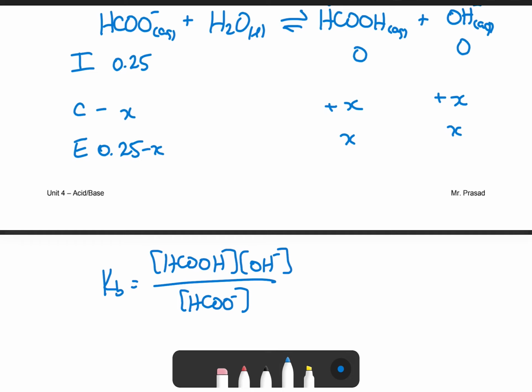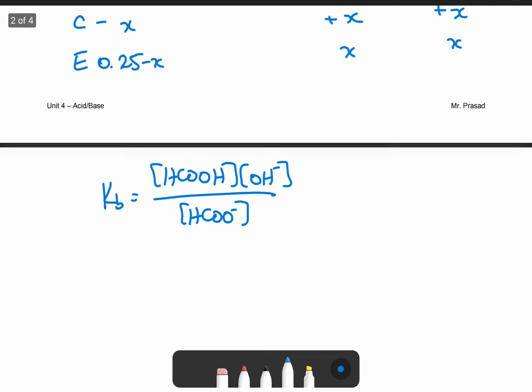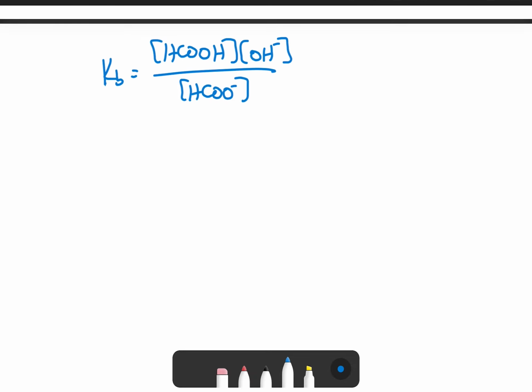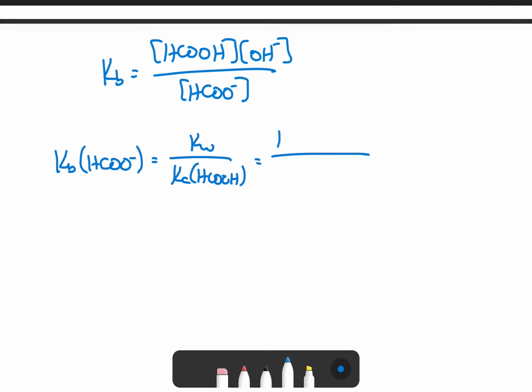We cannot look up the Kb from our Bronsted-Lowry acid base table because we are only given Ka values. Therefore, we have to first calculate the Kb for HCOO minus, which is equal to Kw over the Ka for its conjugate acid. And we can look up the Ka for the conjugate acid from our Bronsted-Lowry table.